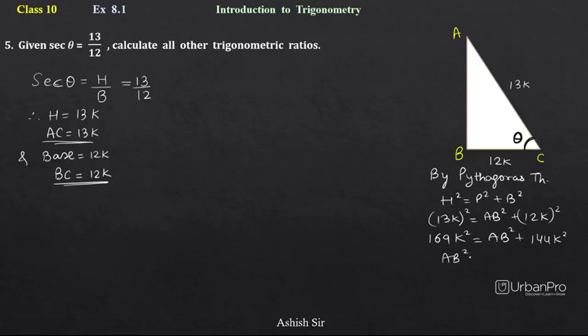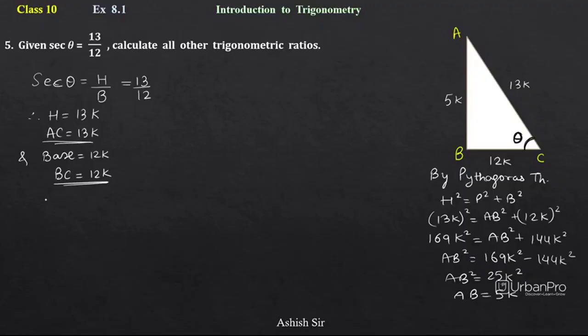So AB square we can find as 169k square minus 144k square, which equals 25k square. Therefore AB would be 5k. So we can mark in the figure AB is 5k.